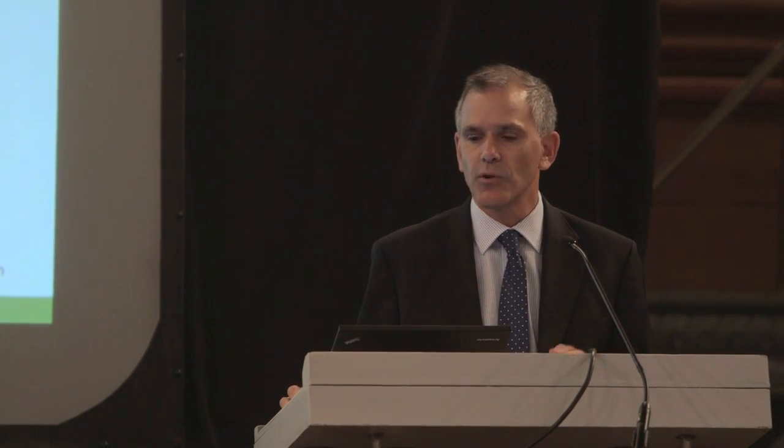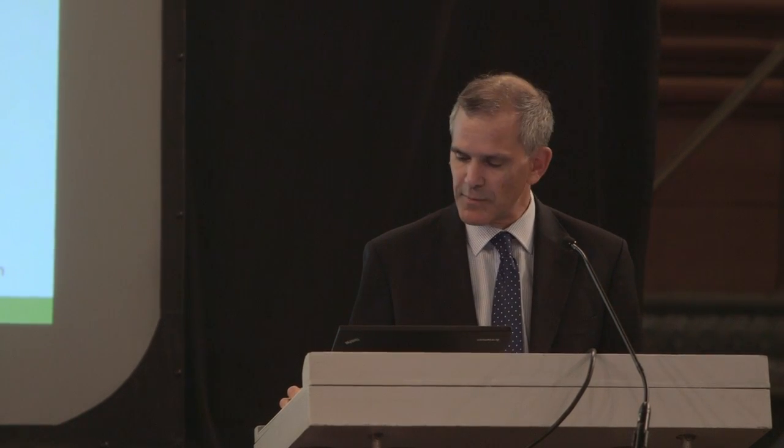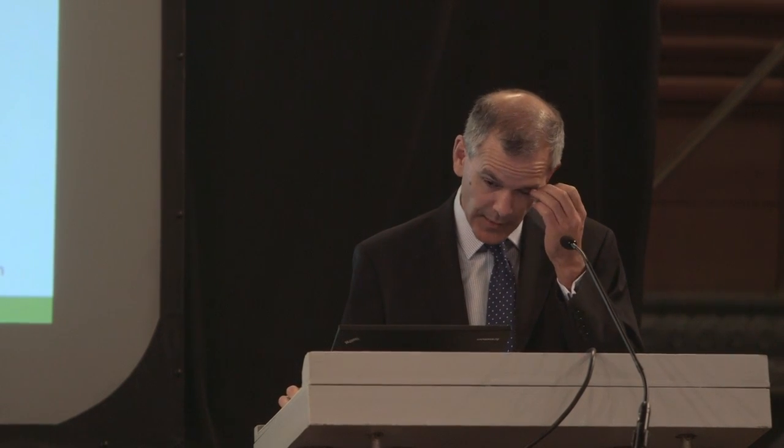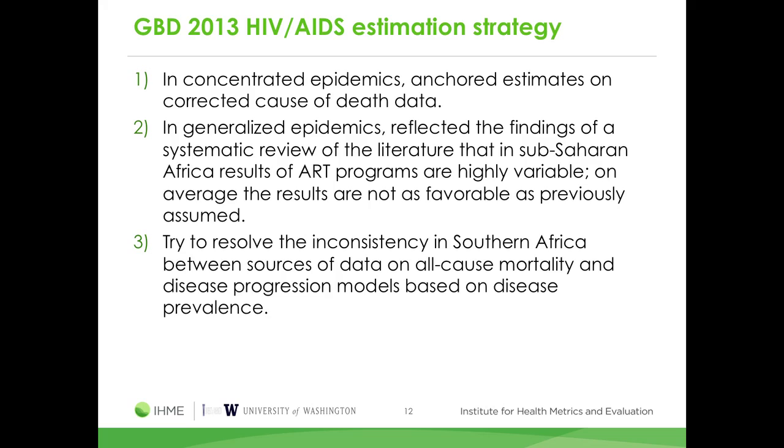Probably the most critical component is we undertook systematic reviews of published cohort studies to inform some of the key model parameters, and in particular, the on-ART mortality component. All right, a little bit more detail. Big change in the concentrated epidemics was that we believed that, bar 1 or 2 countries where there's actual data on the fraction of the population that belongs to high-risk groups, most of the assessments for high-risk groups are based on expert opinion.